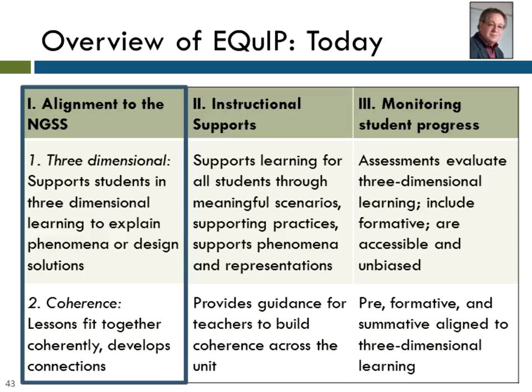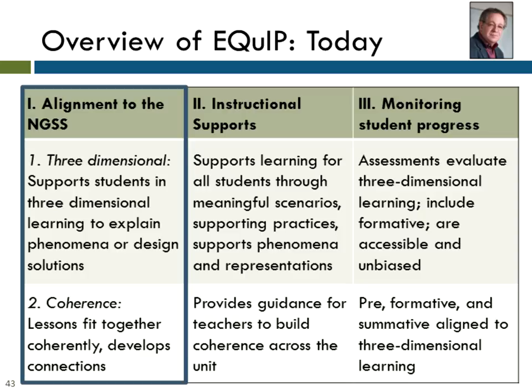You want to go beyond the checklist and be able to point explicitly to where the three dimensions are working together and where you explicitly see the coherence. And you want to be able to show that evidence, just like being a good scientist, we need to show good evidence. In making that decision, you want to show the evidence both for three-dimensionality as well as the coherence. Brian, do you want to add a comment to that?